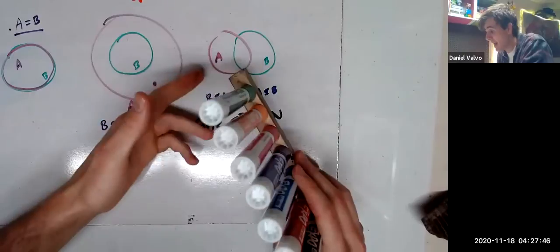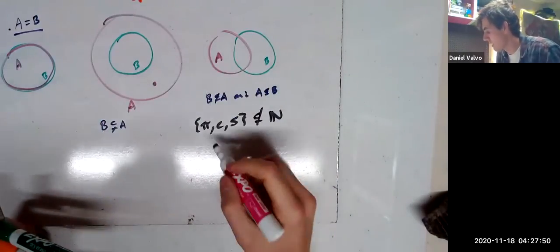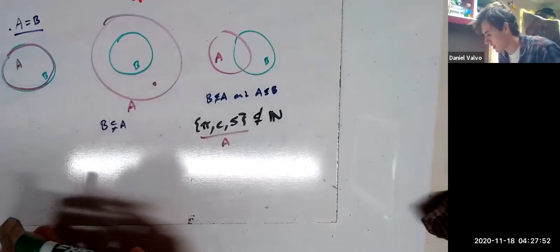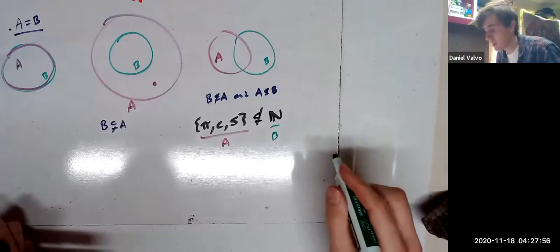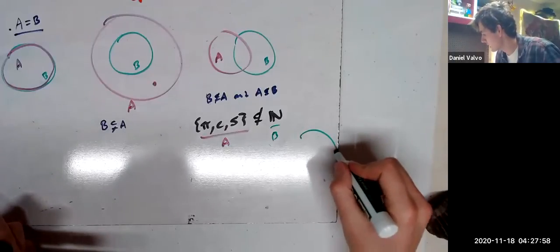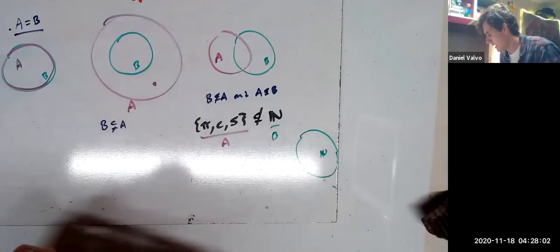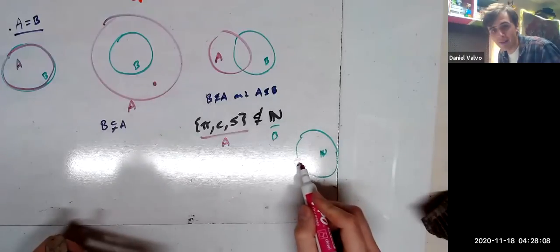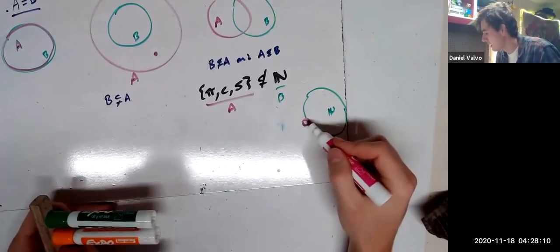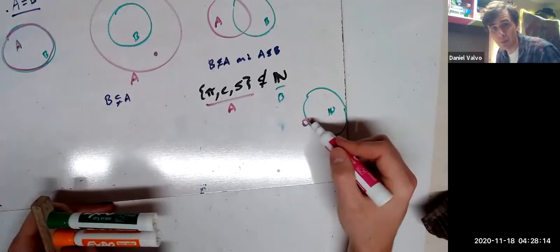In this case, if this was A right here, and this was B, the natural numbers would be this giant set that contains all the natural numbers. And then A would be this very little set. And 5 happens to be in both A and N, so 5 would be in the intersection. They intersect in one place.